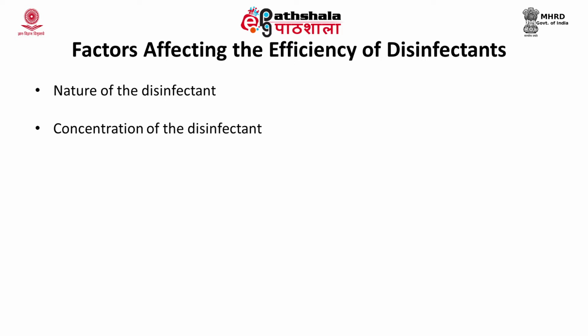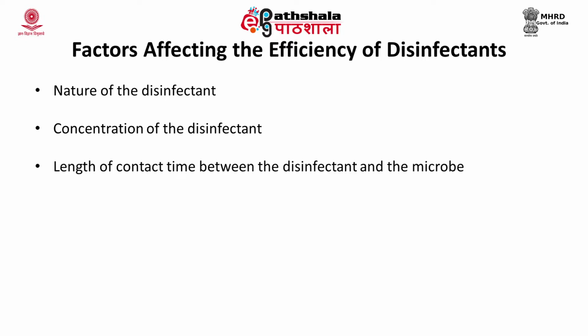The second factor which affects the efficiency of a disinfectant is its concentration. A high concentration of disinfectant is going to kill a large population, and as the disinfectant is diluted, its efficacy decreases. The third factor is the duration of contact time between the disinfectant and the microorganism.